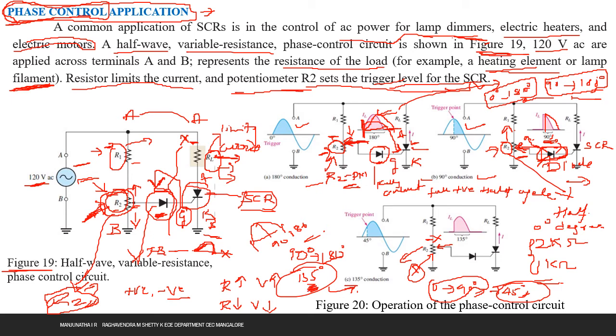Here, if this potentiometer position is at this condition, just below the middle point, that may be 45 degree. Here it is the top, it is the bottom, it is the middle.